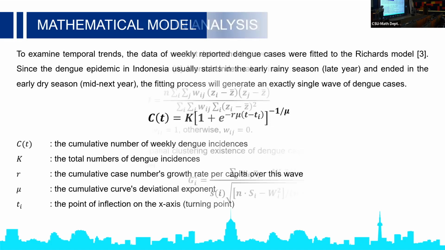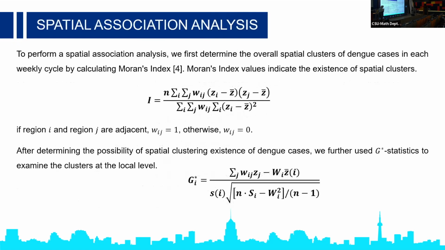So with this easy approximation for temporal analysis, we also choose an easy approximation for spatial analysis. We use Moran's index to define the possibility of spatial clustering. So we have the G star and also I, the Moran index, in this case.